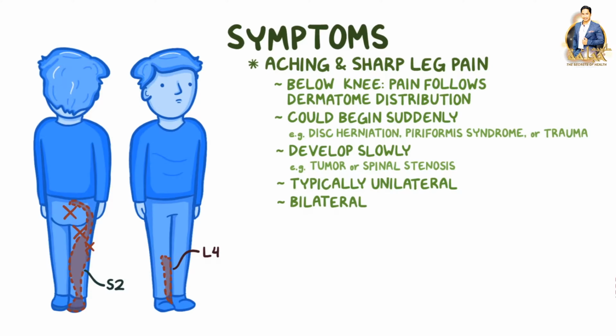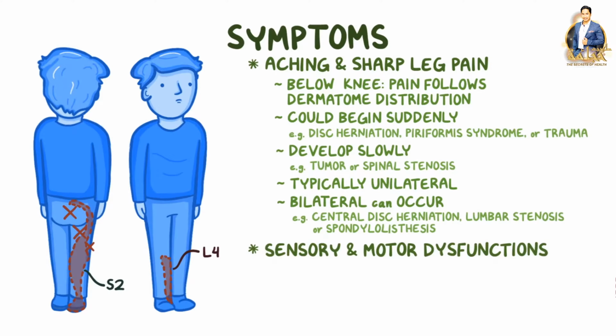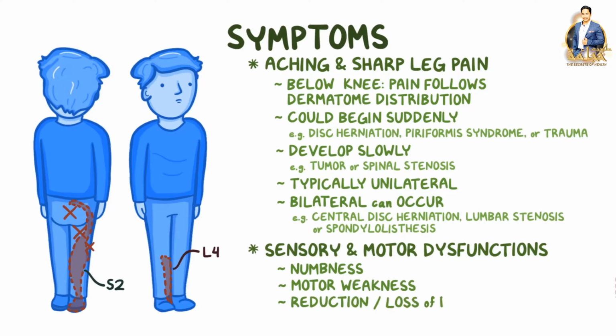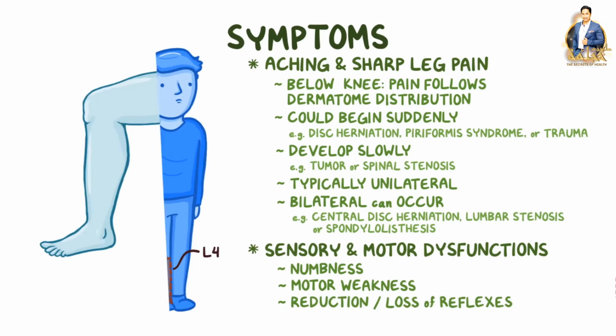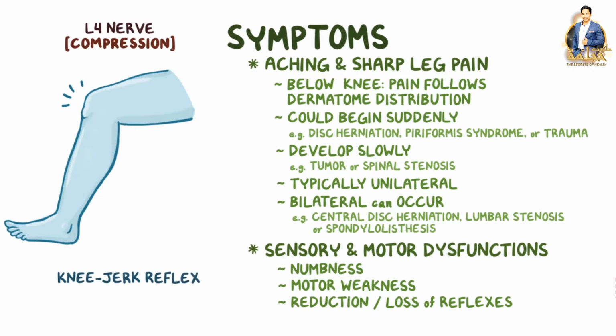Bilateral sciatica, where both legs are affected, can occur with central disc herniation, lumbar stenosis, or spondylolisthesis. Sometimes the pain can be accompanied by other sensory or motor dysfunctions like numbness, motor weakness, and reduction or loss of reflexes. S1 spinal nerve compression affects the ankle jerk reflex, while L4 nerve compression affects the knee jerk reflex.